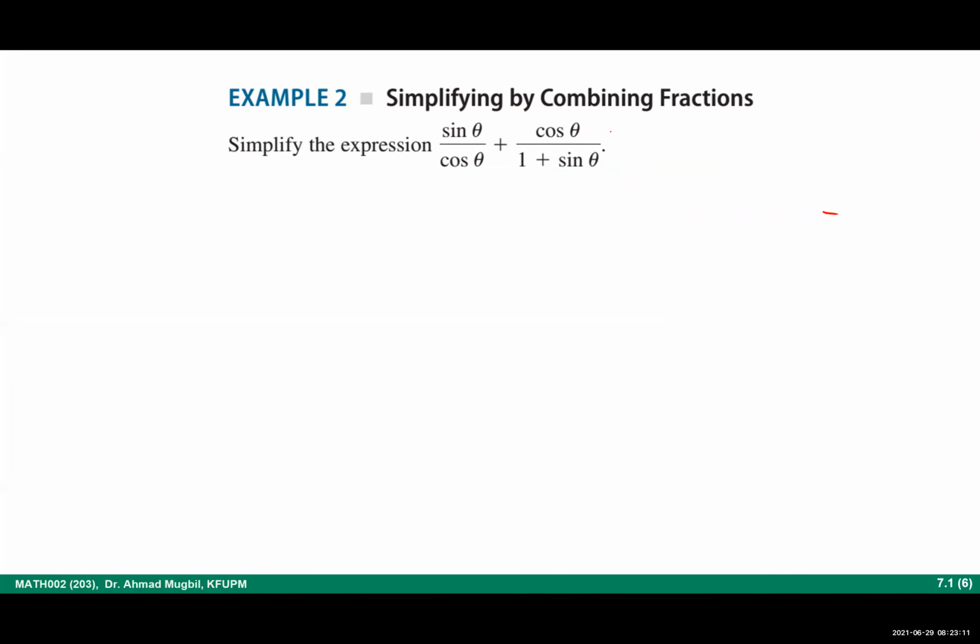So you will try to simplify this. Now we don't have tangent, cotangent, cosecant or secant. We just have sine and cosine. So how to simplify this, ya shabab? What will we do to simplify this?